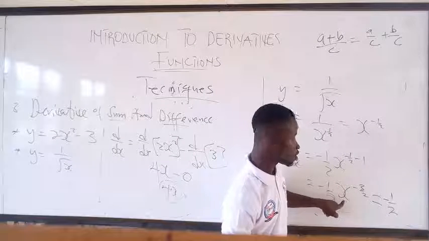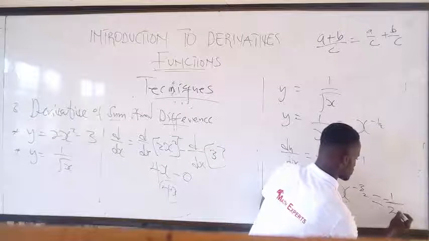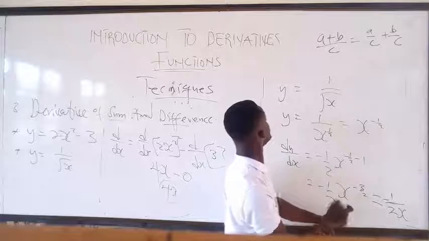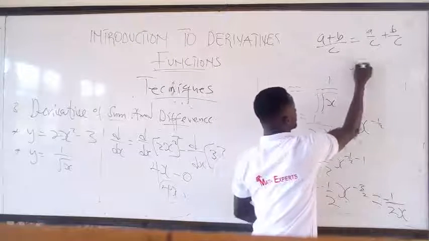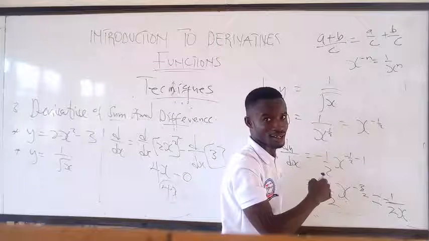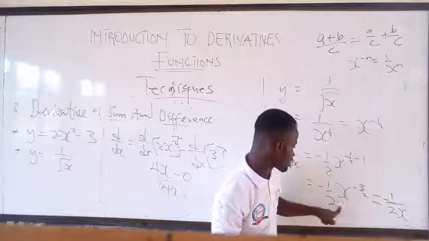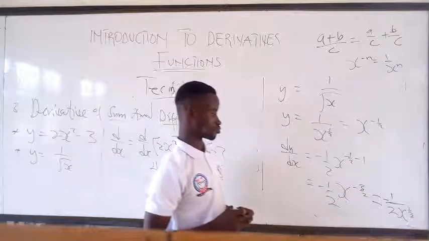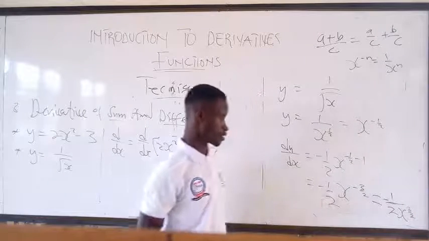Then don't forget that we can bring this s down. Easy. So we can bring this s down so that we bring the 3 over 2 here. So it's still the same thing.